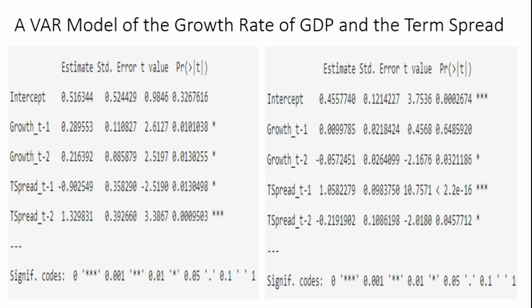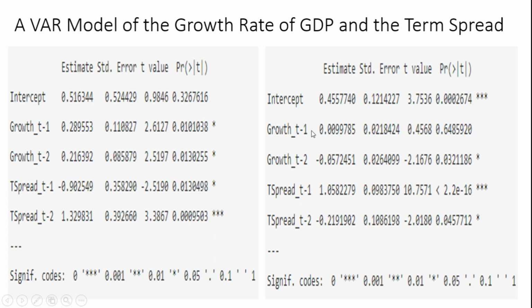On the right-hand side of your screen, you have an estimate of term spread of the current period in function of lags of the two variables, which are growth rate and term spread.